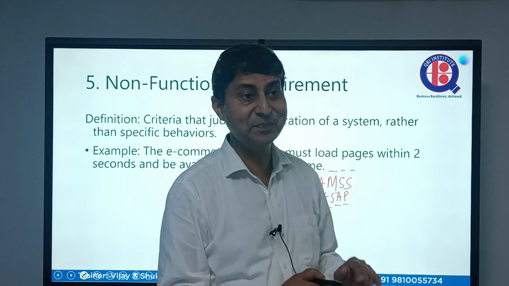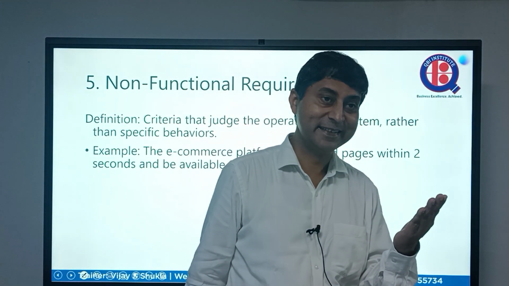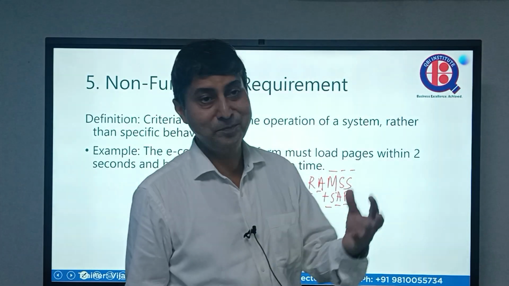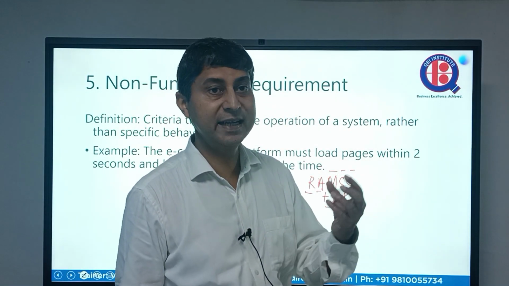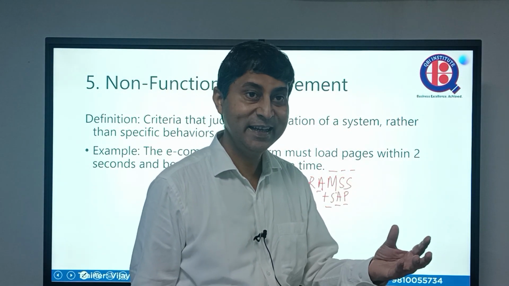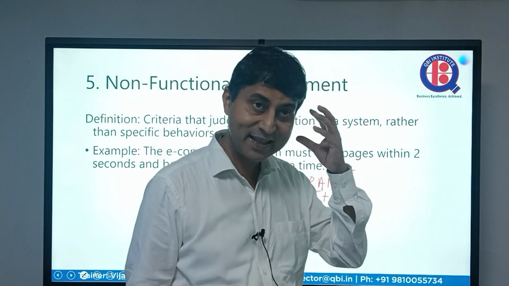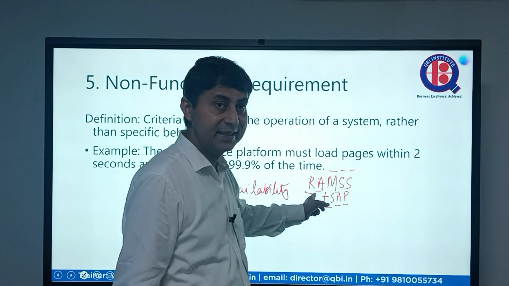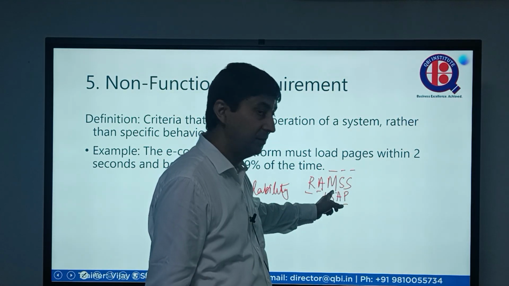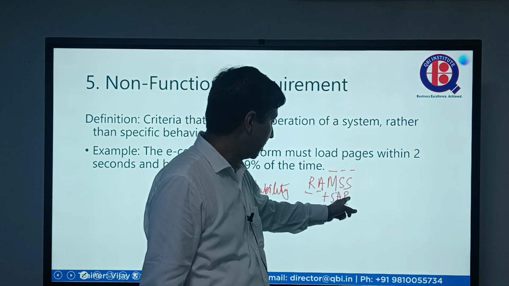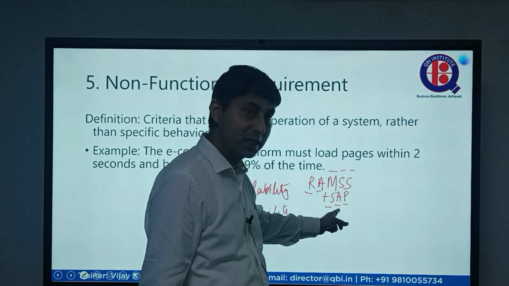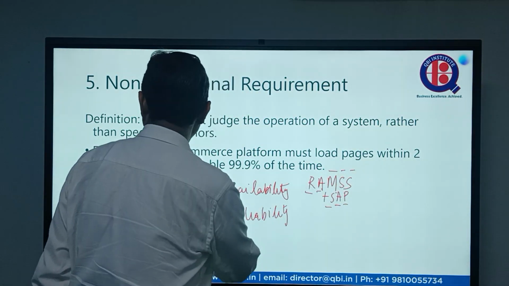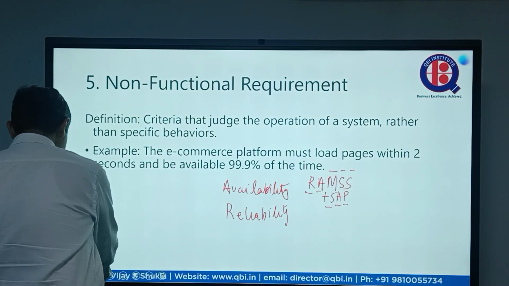Someone who cannot type can speak. For many situations, softwares can even speak. So if you cannot see, you can hear. So all this is accessibility. Reliability, availability, maintainability, safety, security, scalability, accessibility, privacy. So these are non-functional requirements.